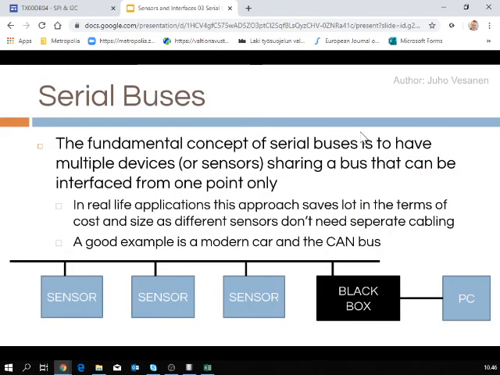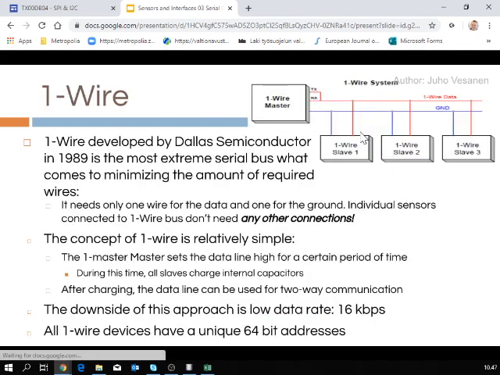What makes it a bus is that you have multiple sensors, which means you need some sort of addressing, and the addressing depends highly on what kind of bus you have. One serial bus is the CAN bus, which is commonly used in most cars, a standardized industrial standard bus.